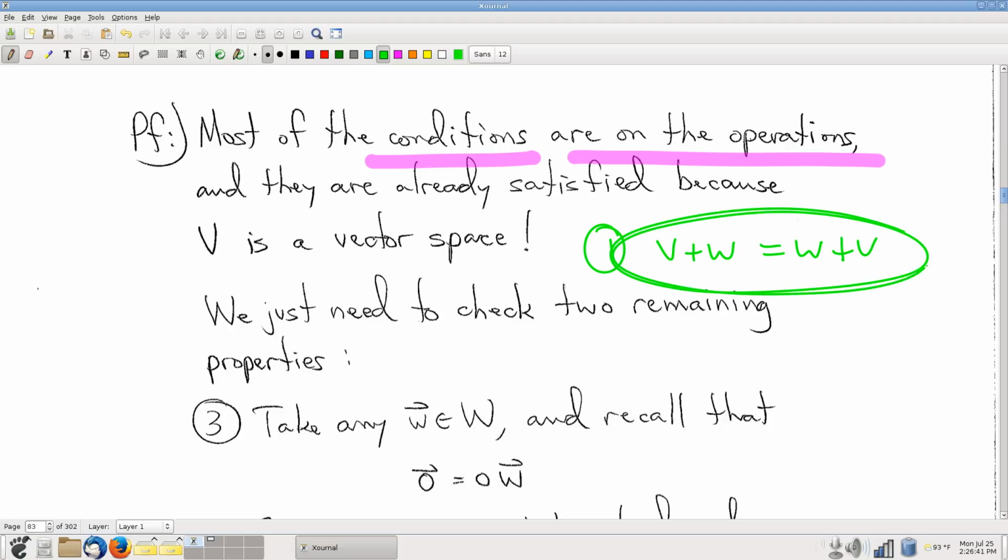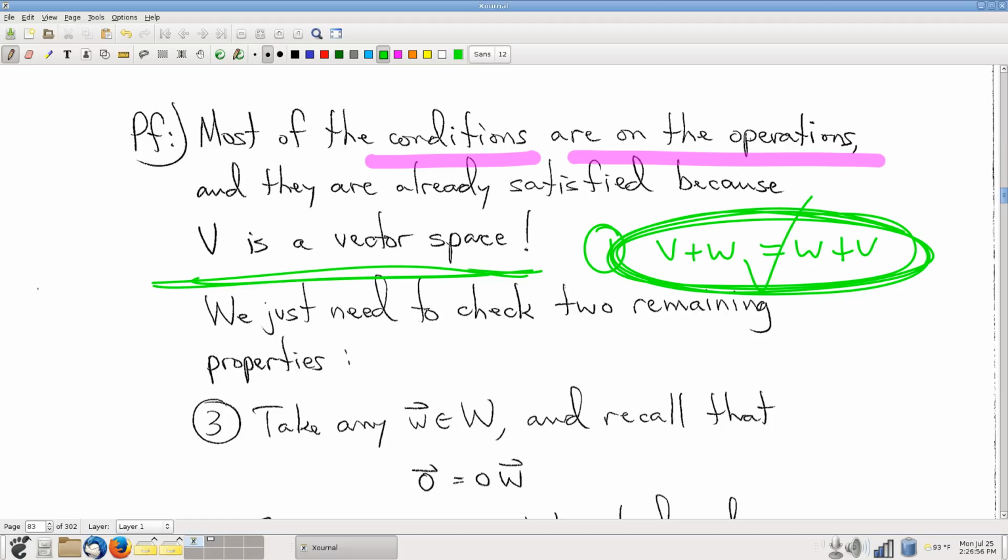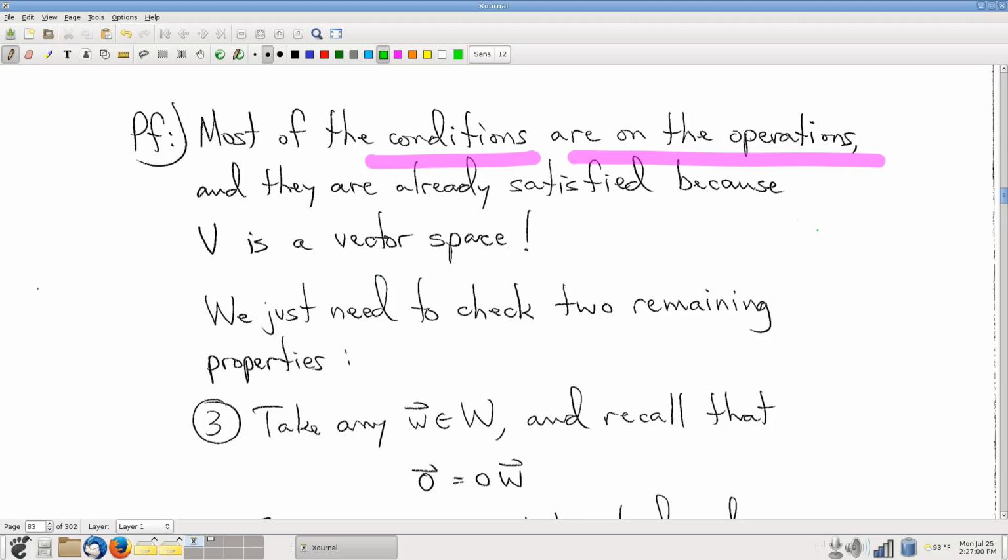Because it's the operation for V, we know that this requirement on the addition operation must be satisfied. Likewise, most of those other 8 requirements are requirements on the operations, and we already know they're satisfied because they come from an existing vector space. So really it's just an observation that the conditions we felt like we probably needed to check have already been checked.